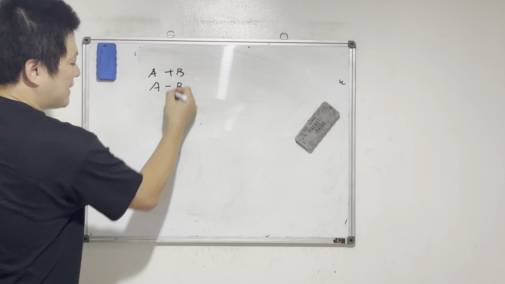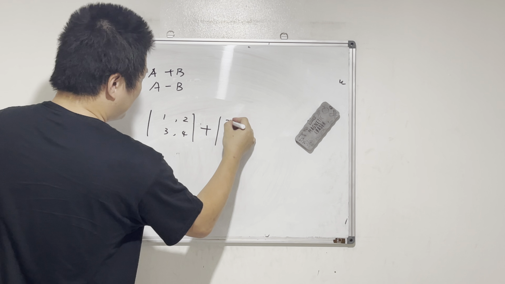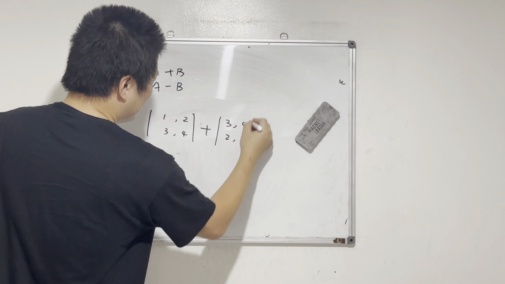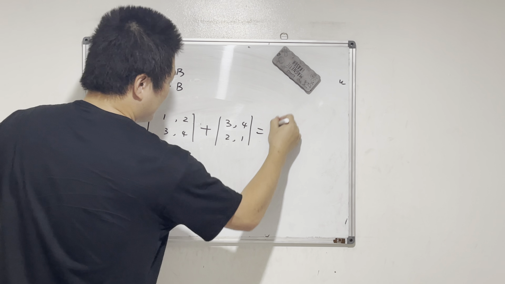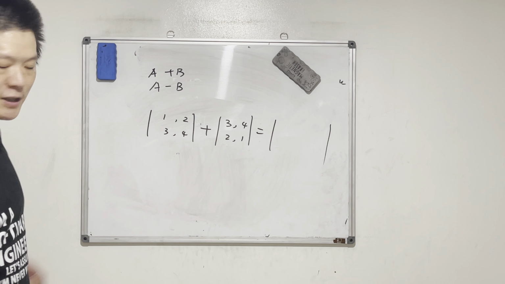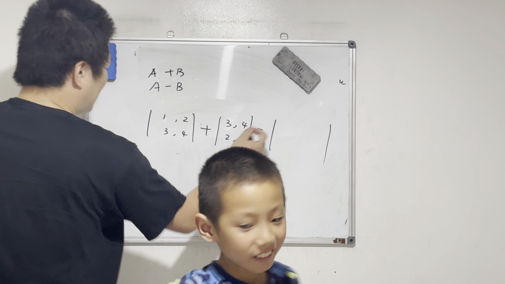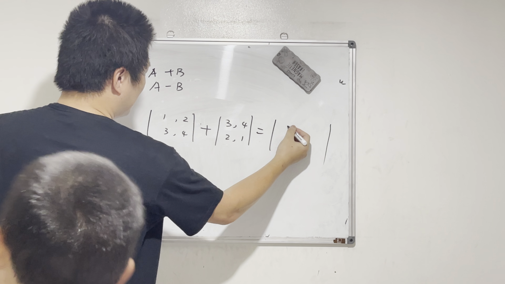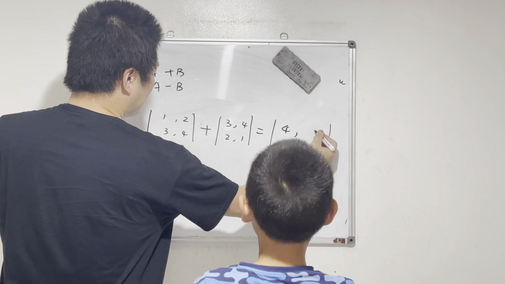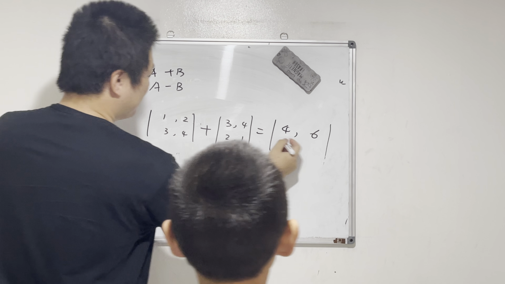So if I have a matrix 1, 2, 3, 4 and I add another matrix, 3, 4, 2, 1, can you imagine what we get? We just add these two at the same position. 1 plus 3 equals 4, and then 6, same position, and then 5.